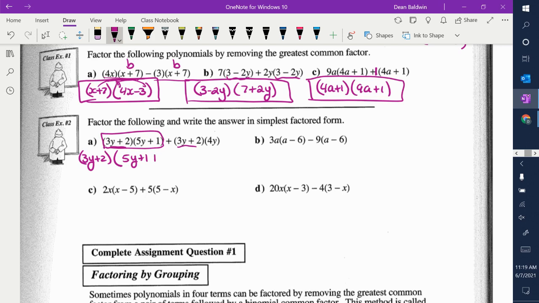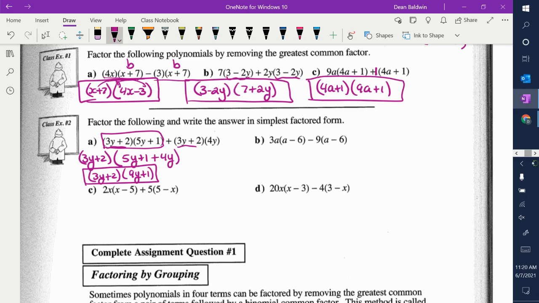Just the 4y. Can I simplify anything? 5y and 4y is 9y. Okay, so look to see if you can add like terms after you've done this.